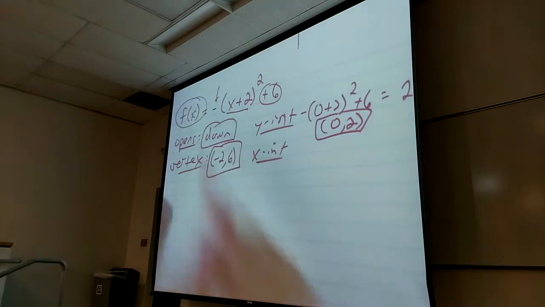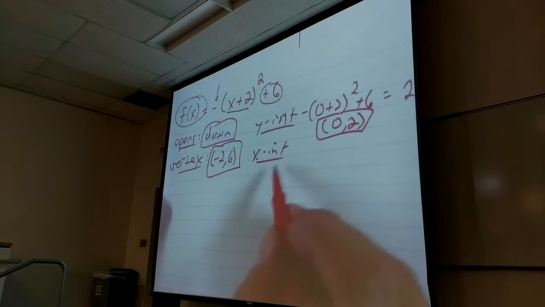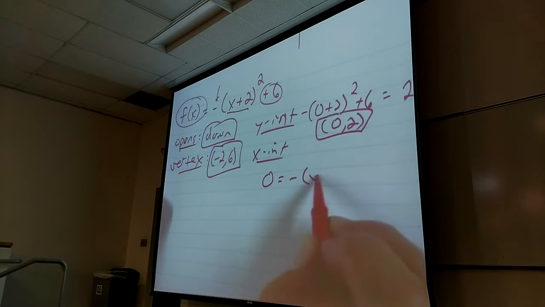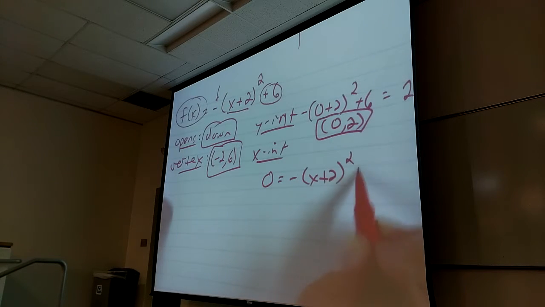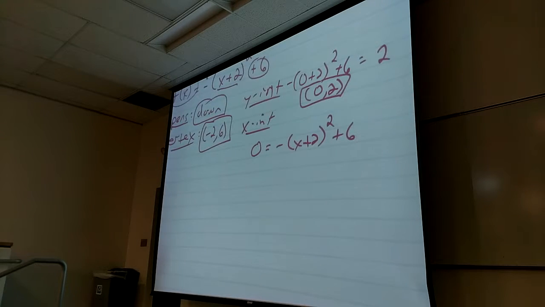Yeah. Make y 0. F of x is just a replacement for y. So here, you guys do this. Find the x-intercepts. We'll see if it'll actually hit the x-axis or not. If there are real x-intercepts, it hits the x-axis. If there are no real intercepts, it doesn't.